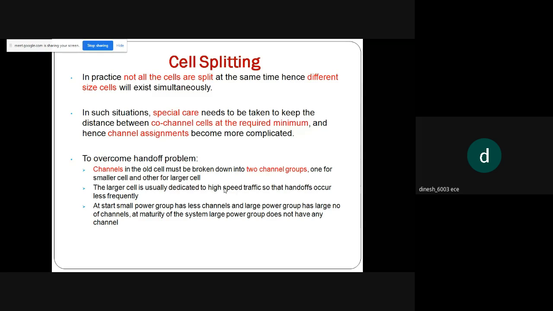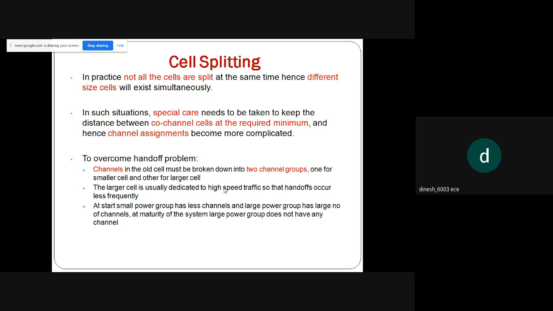In such situations, special care has to be taken to keep the distance between co-channel cells at the required minimum, and the channel assignments will become more complicated as compared to normal.